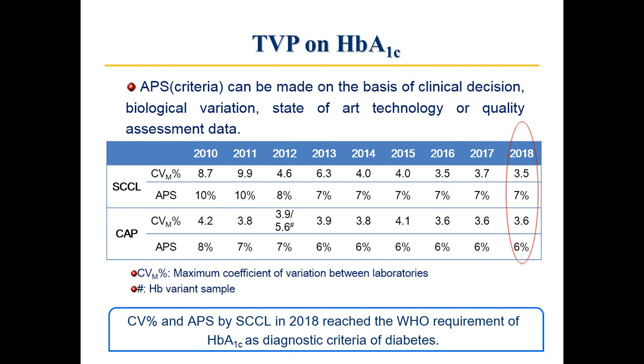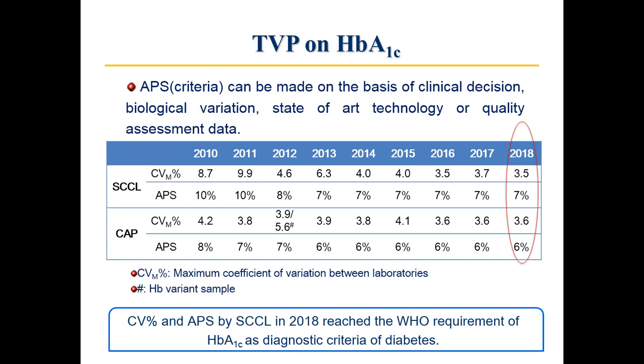To achieve this goal, CAP gradually tightened the criteria from plus and minus 7% in 2010 to plus and minus 6% in 2018. China has a relatively late start on HbA1c standardization. The criteria in 2010 were plus and minus 10% for SCCL.